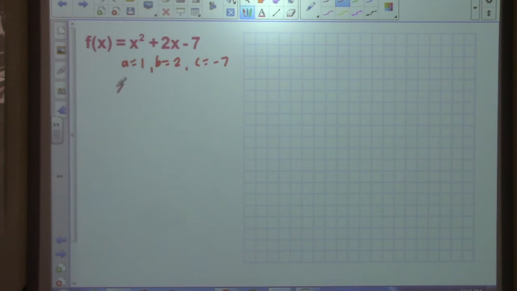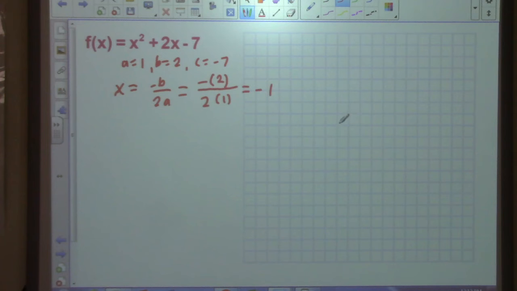So our equation for the axis of symmetry: x equals negative b over 2a. And so in this instance, what is negative b going to be? -2. -2 over 2a. So what does this simplify to? -1. So that gives us our axis of symmetry.